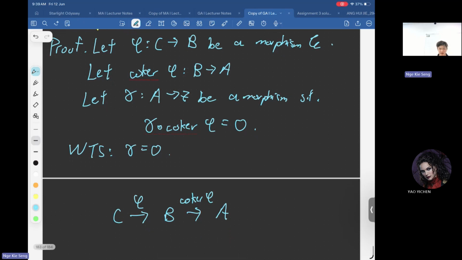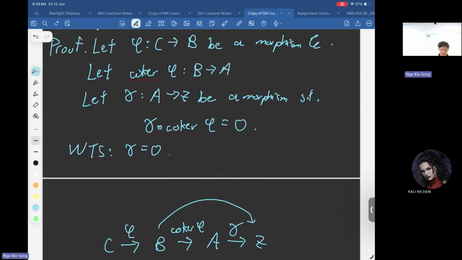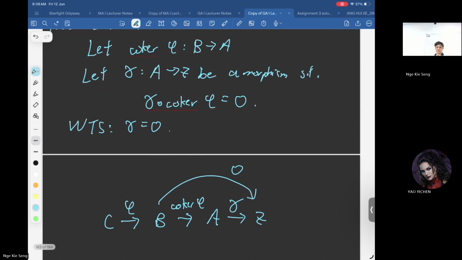And then we got A to Z. We know that this part composed to 0. For sure we need to use the co-kernel property.